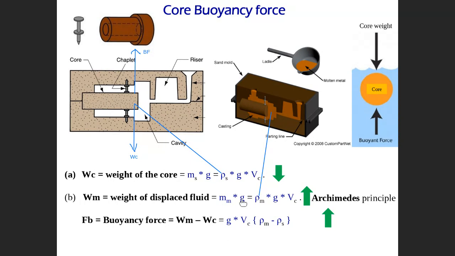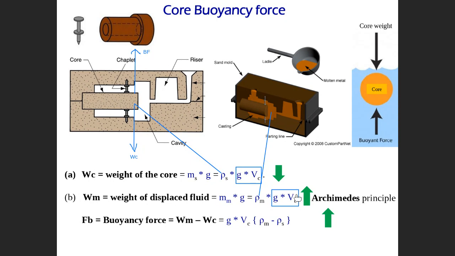Then G and Vc are common. G multiplied by Vc are common, multiplied by rho m minus rho s.